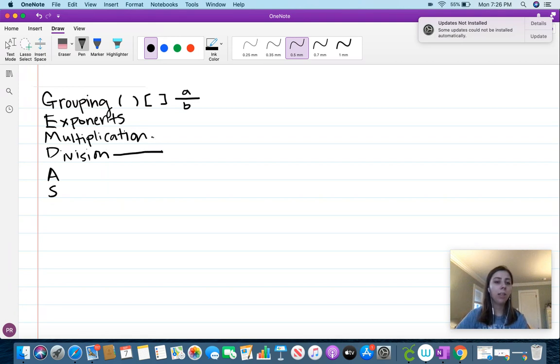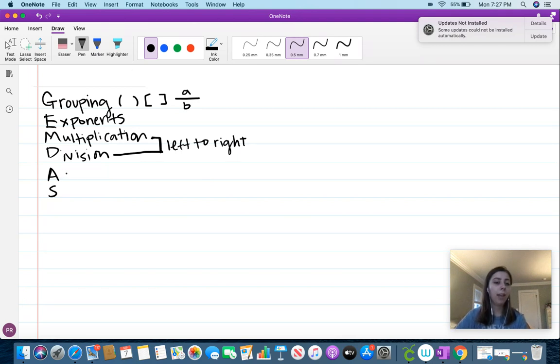We actually treat these as pals. What I mean by that is once we get to this step, we look through the entire problem from left to right, and we perform multiplication and division, whichever comes first. So I take my pencil and I go through the problem left to right, looking for multiplication or division, and whatever I happen upon first is what I do.